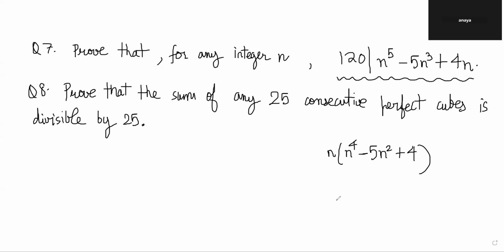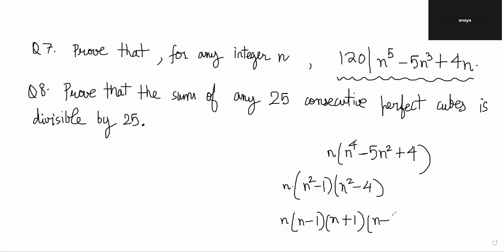And then you can simplify that to (n^2 - 1)(n^2 - 4). And then you can expand those to get n times (n - 1)(n + 1)(n - 2)(n + 2).